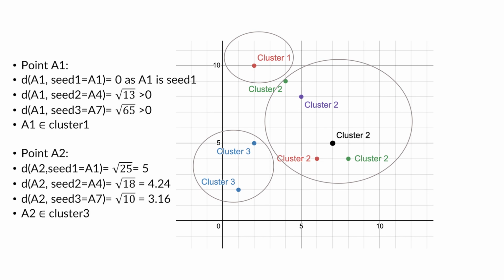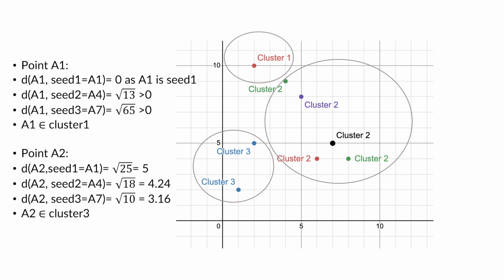So for point A1, I will calculate the distance from the seed of 1, which equals A1, from the seed of 2, equals A4, and from the seed of 3, which equals A7. And as you can see, because the distance of A to A is equal to 0, the distance of A1 to A1 equals 0 also. So A1 will belong to cluster 1.